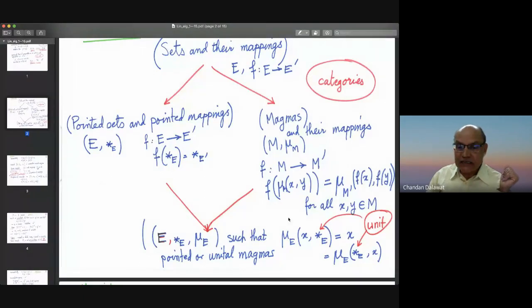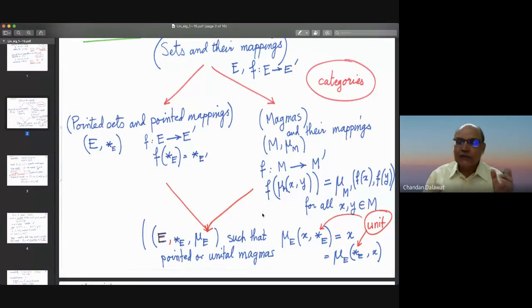So this is expressed by saying that star is a neutral element for the law of composition mu, or it's a unit element.